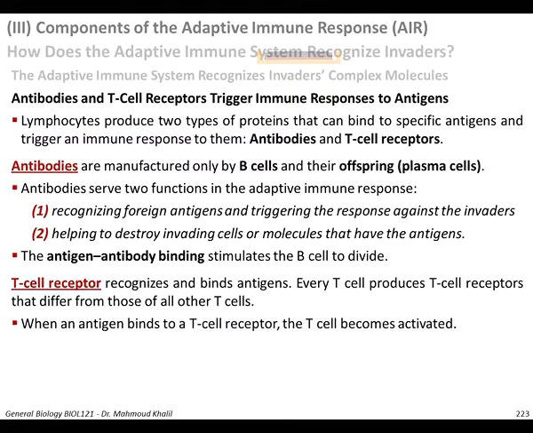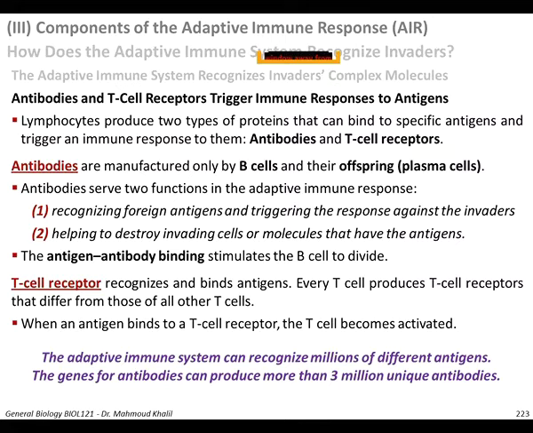When an antigen binds to a T cell receptor, the T cell becomes activated. The T cell receptor is kind of like an alarm for the T cell. Once it is sensed by an antigen or binds to the antigen, the T cell becomes activated. What happens after activation of the T cell? We'll see in the further slides.